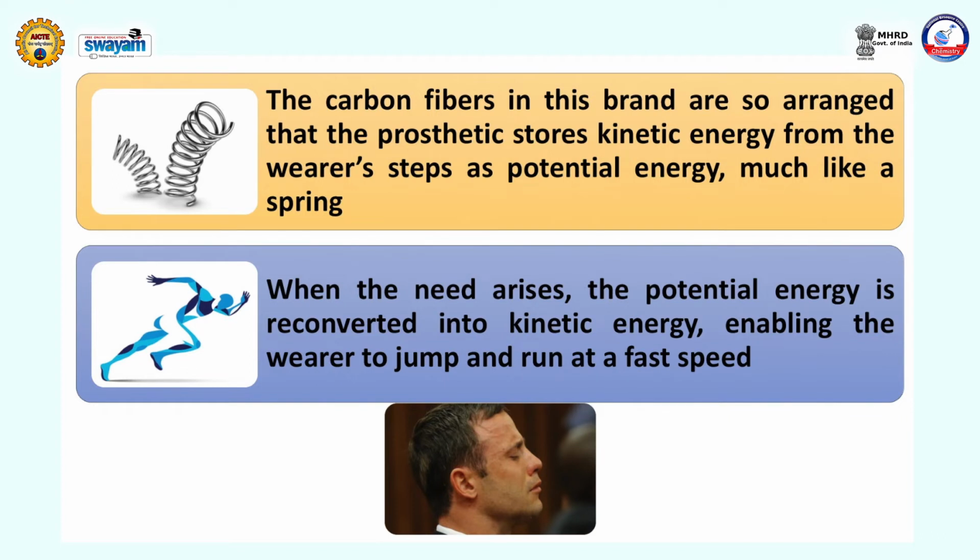When the need arises, the potential energy is reconverted into kinetic energy, enabling the wearer to jump and run at a fast speed. Ideally, the matter should have been debated further. However, the controversy died down because the sporting career of Pistorius ended abruptly in 2014 when he was convicted of murdering his girlfriend.